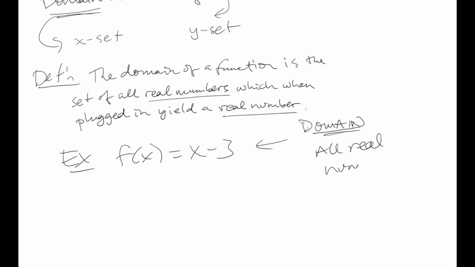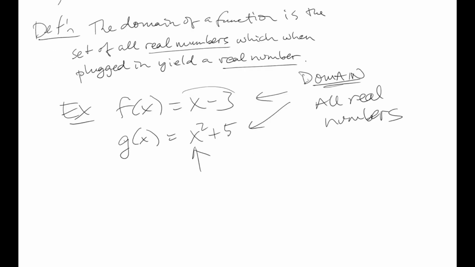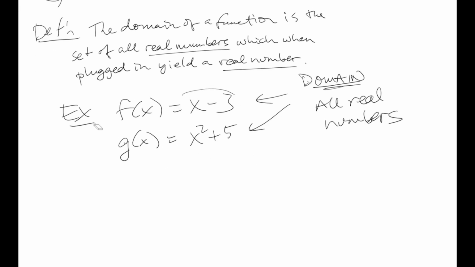All real numbers, when plugged in, will yield a real number. Same thing is true for g of x equals x squared plus 5. Whatever you plug in for x will yield a number back. So this works for a lot of different functions, and this is also all real numbers, okay?